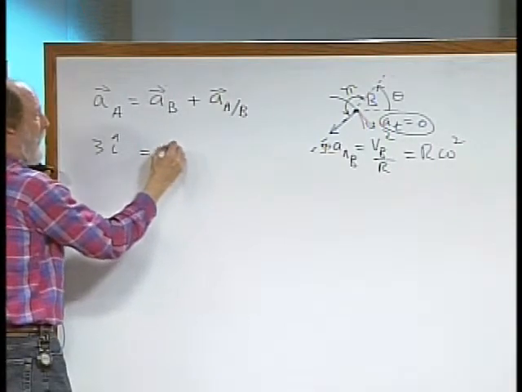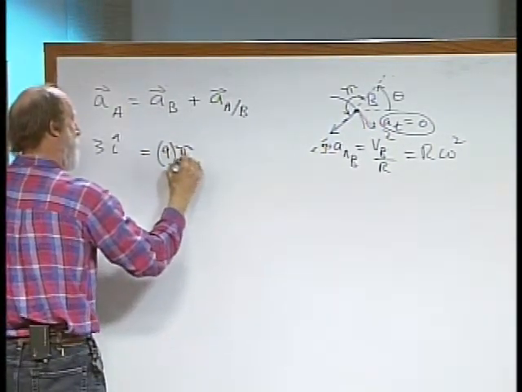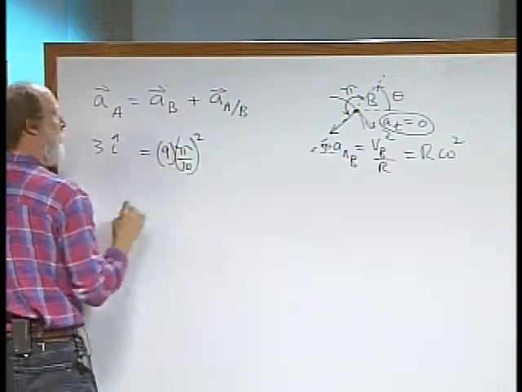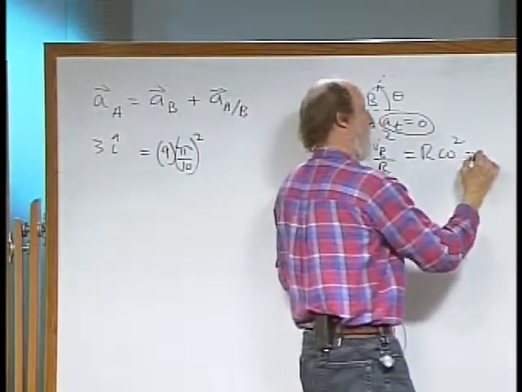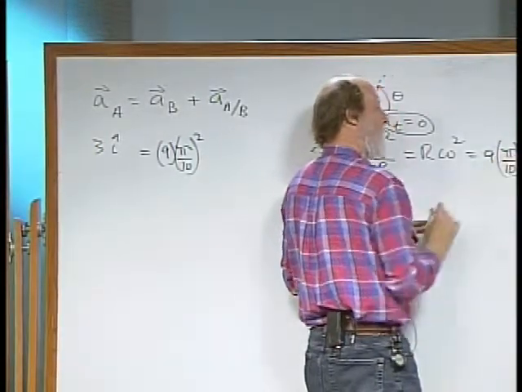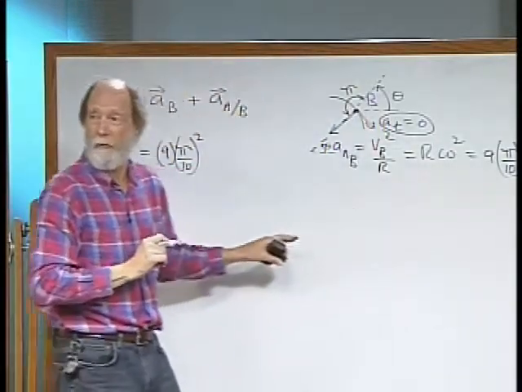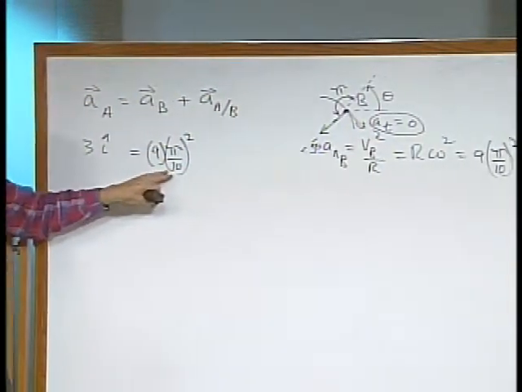Our R is 9. Our omega was pi over 10. That's the magnitude.